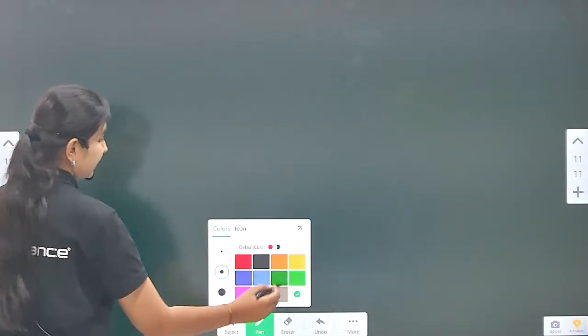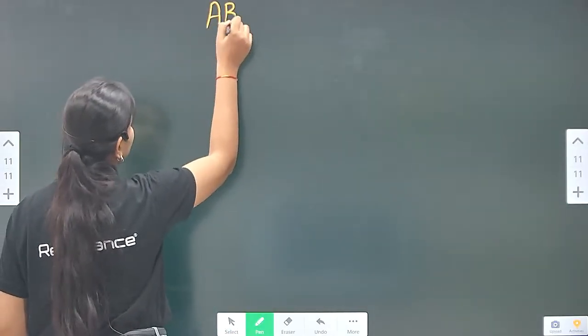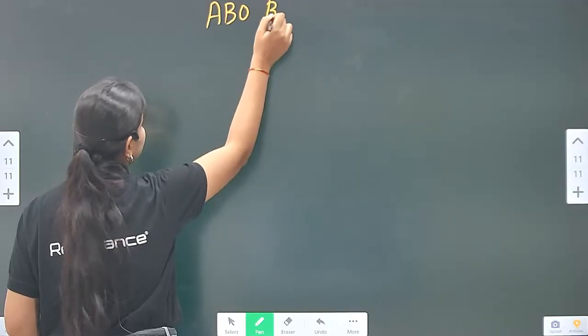And who was the scientist who discovered blood groups for the very first time? Let us discuss all these topics quickly in today's class. Let us start the new topic, the ABO blood grouping.